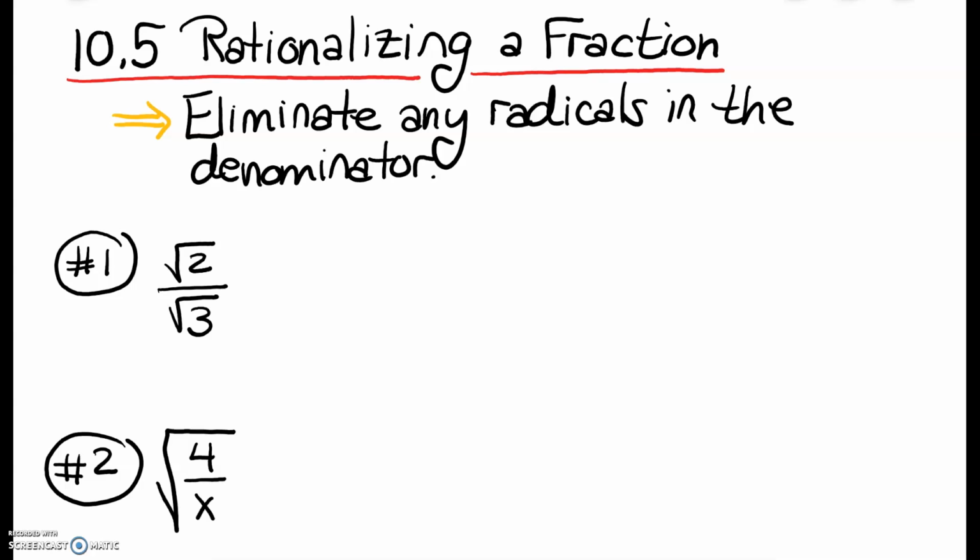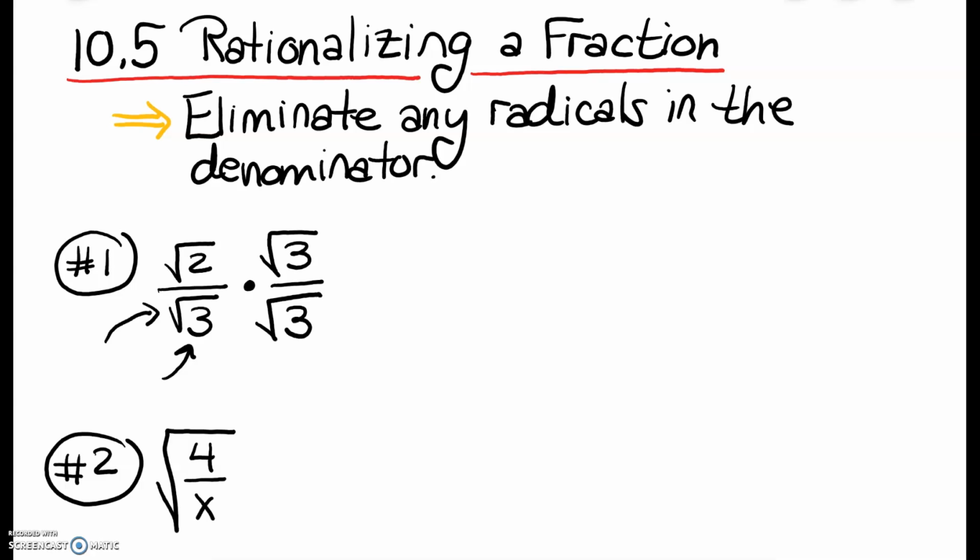All right, so we need to rationalize the denominator, and we know that when we have a square root, right here we have a radical in our denominator, we need to eliminate this radical. When we have a square root, we need groups of 2. So I only have 1 3 here, so in order to get another 3 under the radical, I need to multiply by another radical 3.